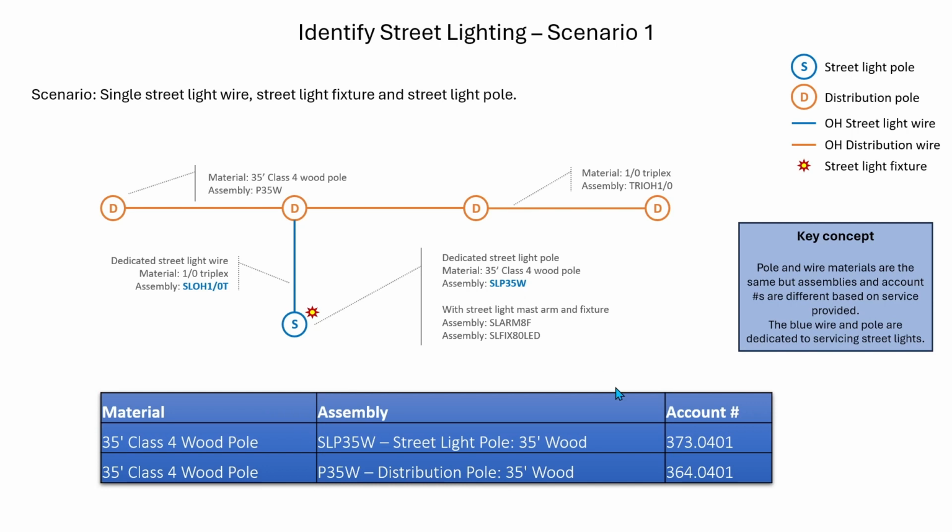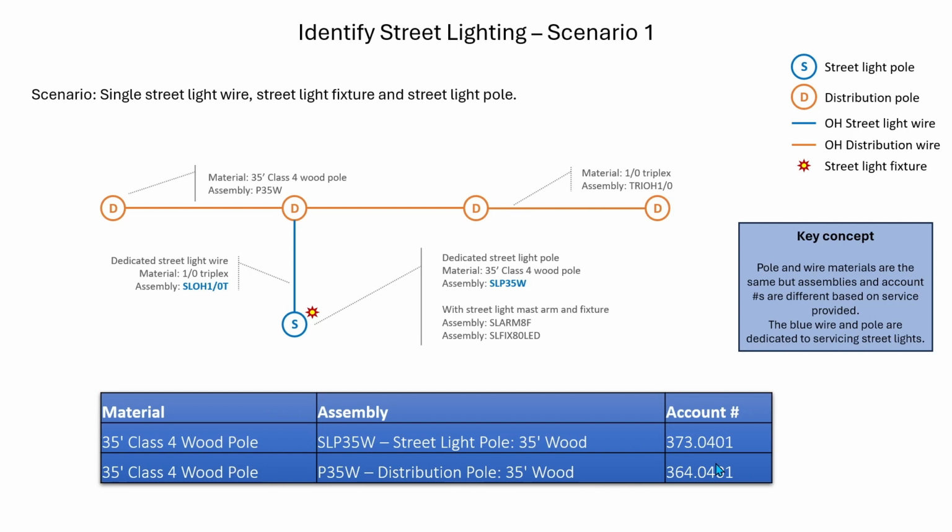And just to give you some additional information, if you look below here, you'll see that there's actually separate account numbers for each of these. So again, same material here, different assemblies depending on streetlight versus distribution, and then we've got separate account numbers.